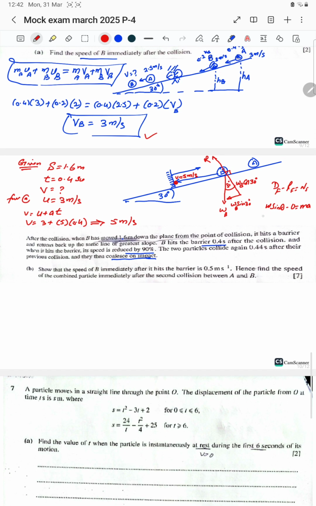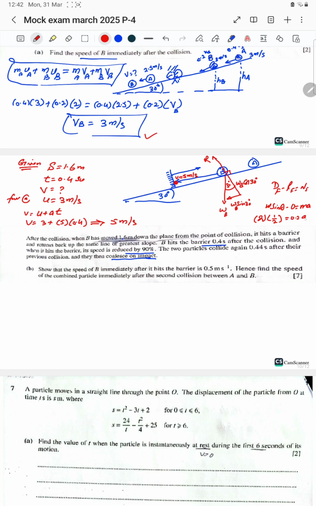So W_B was 2, times sin 30 is 1 by 2, and mass was 0.2.